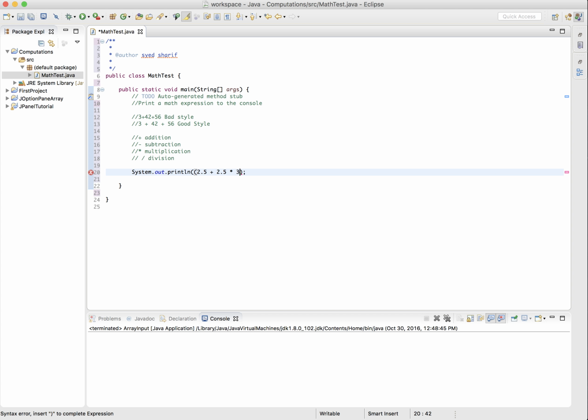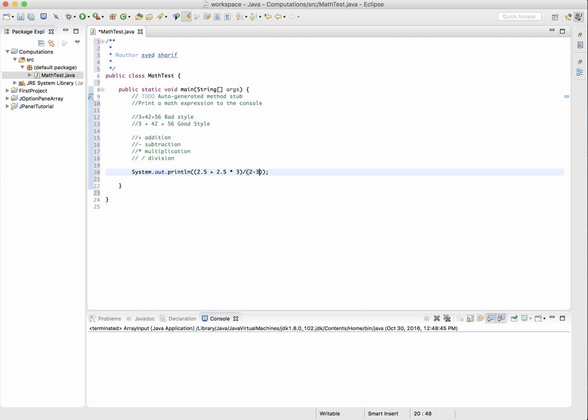Then we're going to close off this expression, and in addition to that, we're going to divide this by, I don't know, let's see, divided by 2 minus 3.